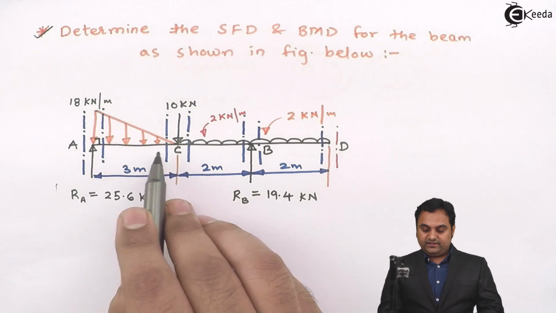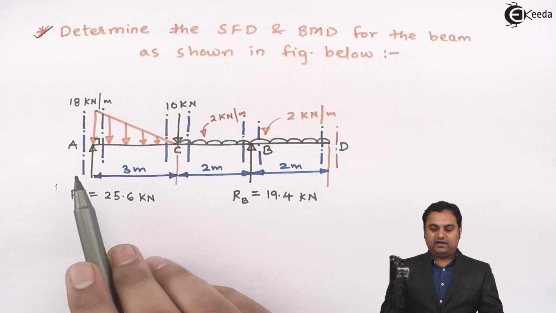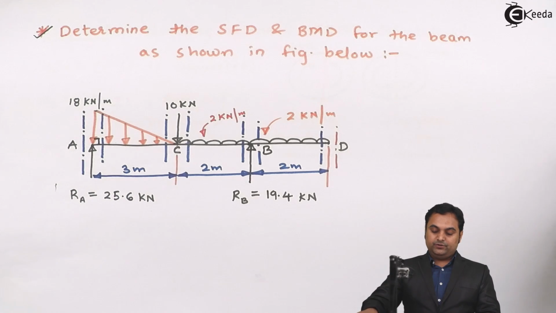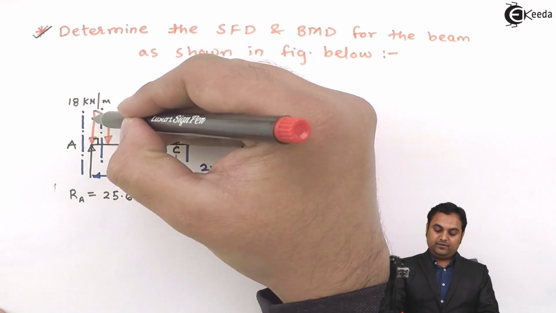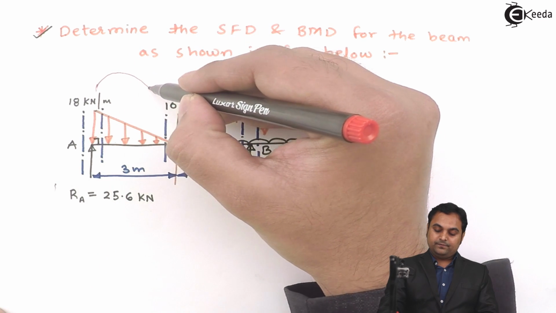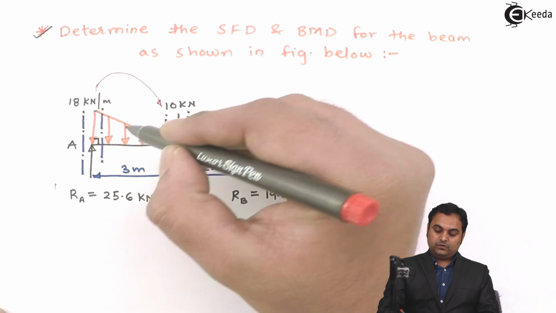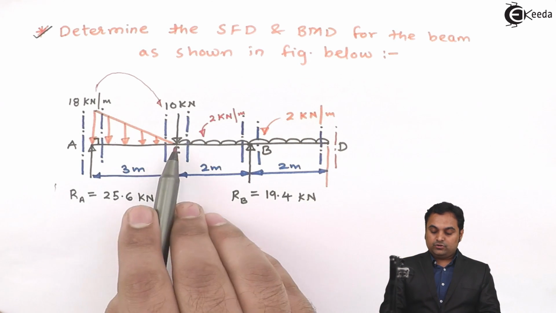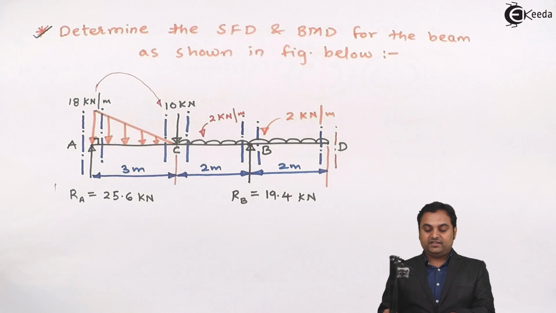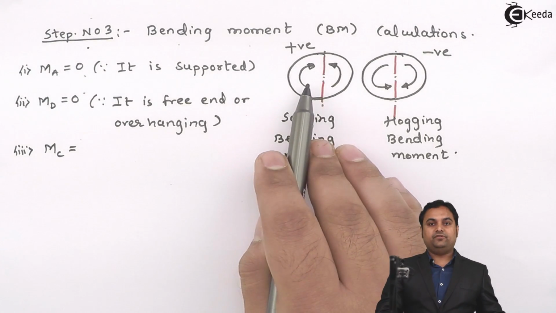Now on the left of C, because of RA, which is acting upward, when I take the moment at C, the moment will be produced in clockwise direction. To the left, clockwise moment is treated as positive.